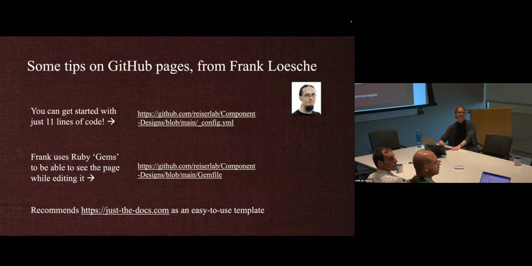I wouldn't write those lines myself. It's super easy to get started, and there are a lot of resources on how to do it. Okay, so pro tip for people who want to look into that. He also recommends just-the-docs as one of many templates out there, but it's an easy one to use for creating a GitHub website.